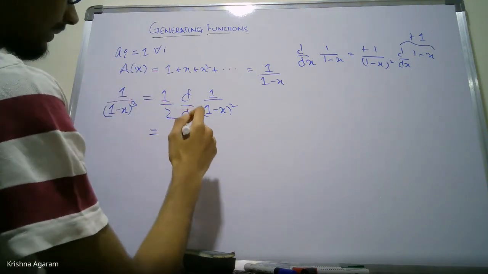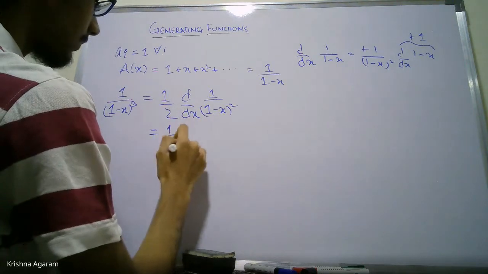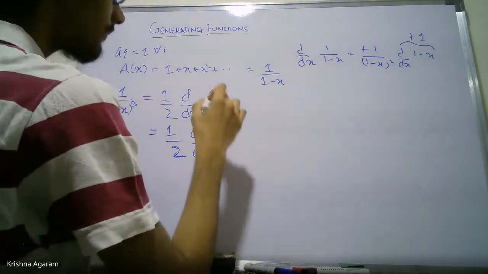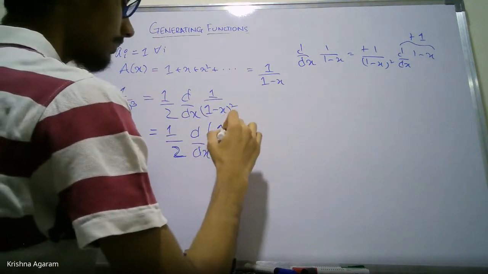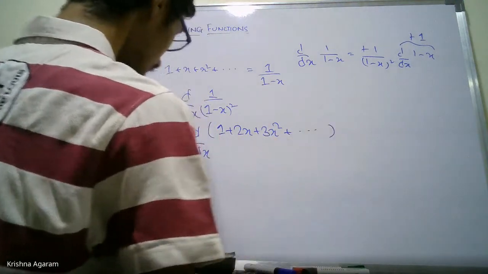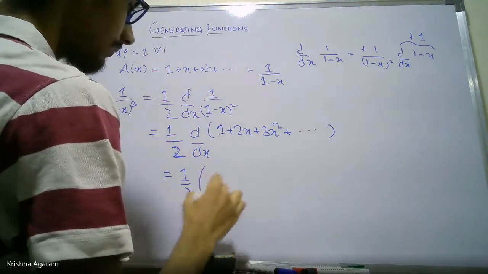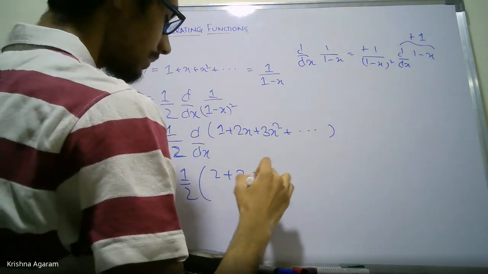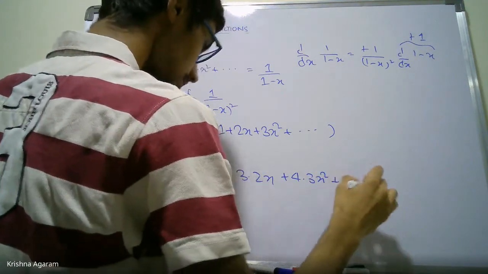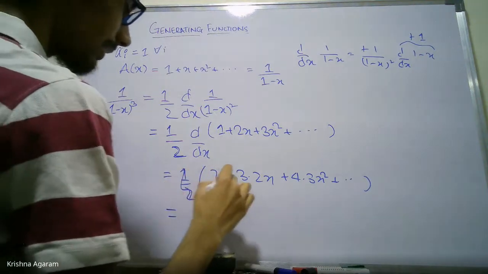Okay. Yeah. So this you can just write as 1 by 2 of d by dx of, now this is known, this is just 1 plus 2x plus 3x squared plus so on, which is just half of 2 plus 3 into 2x plus 4 into 3x squared plus so on, which is moving the 2 inside.